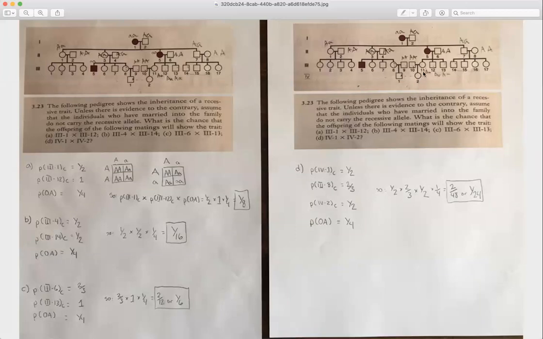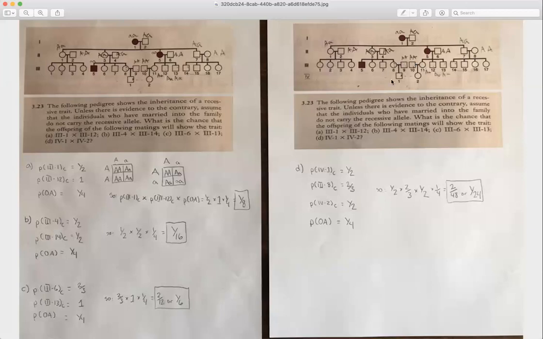We now know already that 3,11 is a carrier because that child has a mother that is a carrier. So we don't even have to incorporate that one. We just have to look at, okay, if 3,10 gets together with 3,11, what's the probability that 4,2 is a carrier? And that's equal to 1/2.